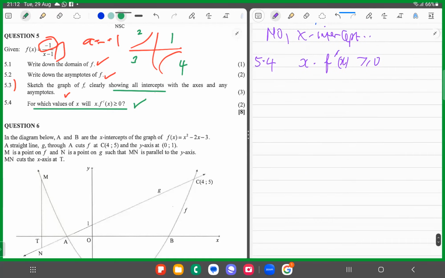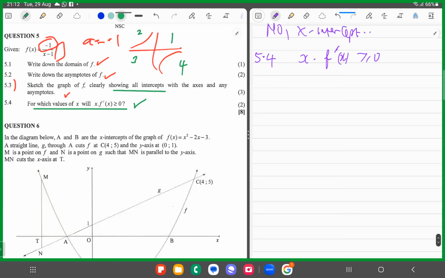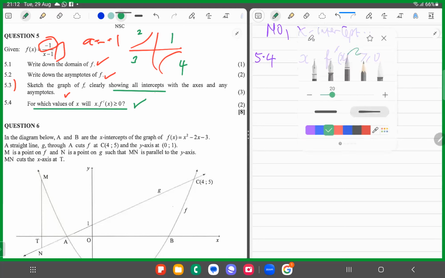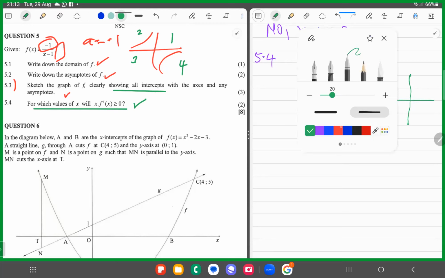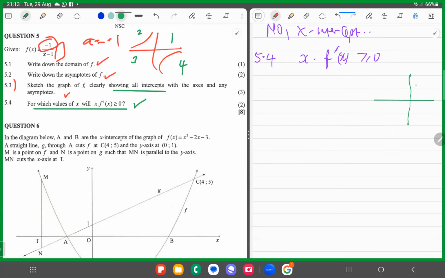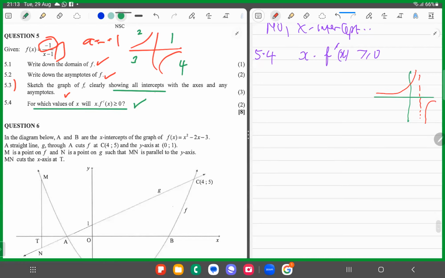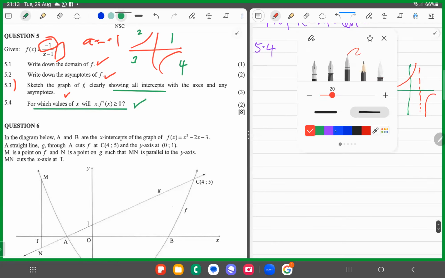A couple of things you need to remember. You need to look at the slope of this function because f prime relates to the gradient of the function. But now, at the back of the mind, you need to realize that this is going to cut at 1 like this. So what do you need here?